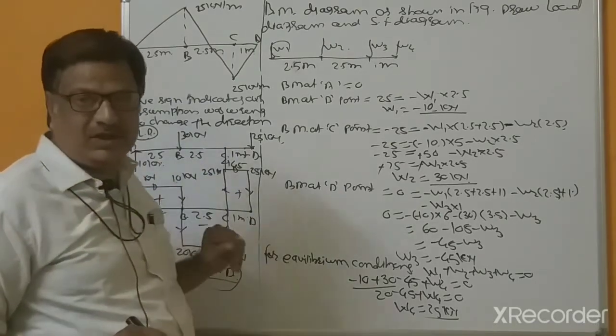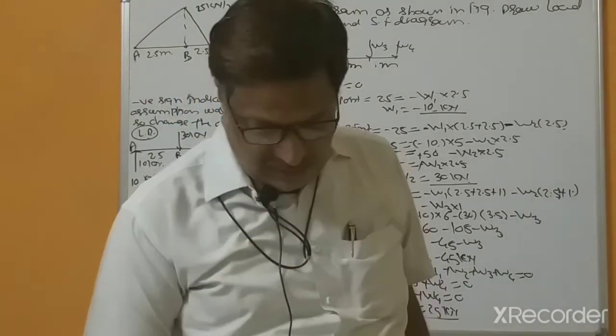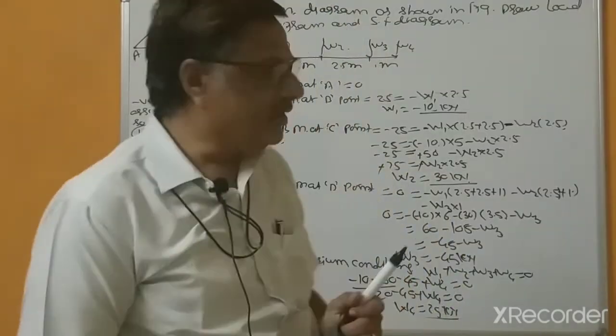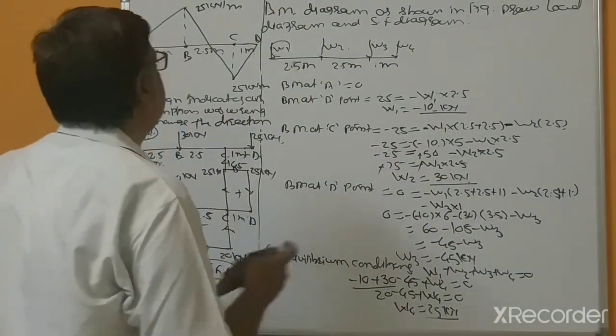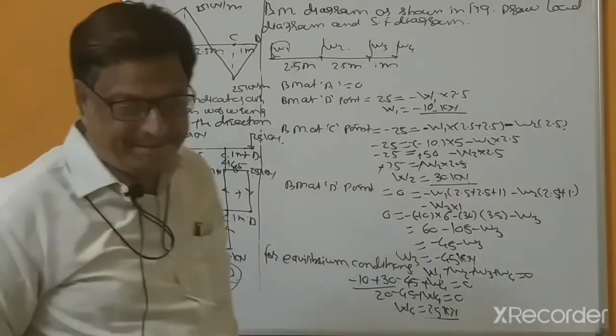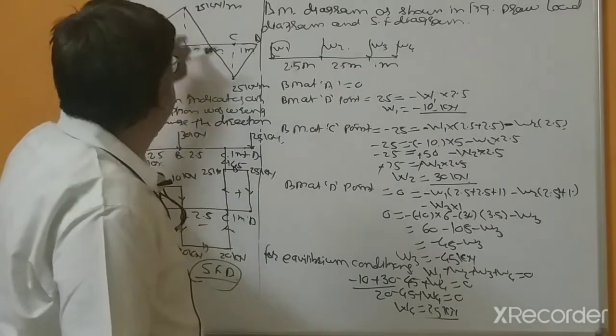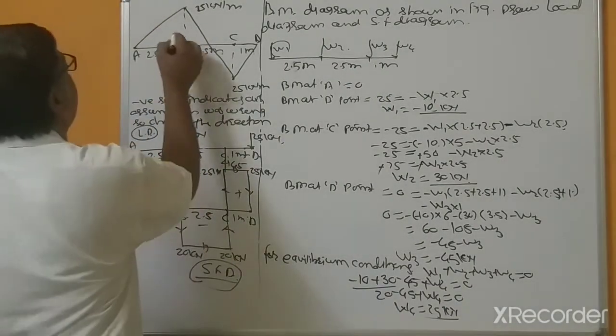Now I think you understand how to solve the problems when the bending moment diagram is given. Next, in these problems this is positive and this is negative.